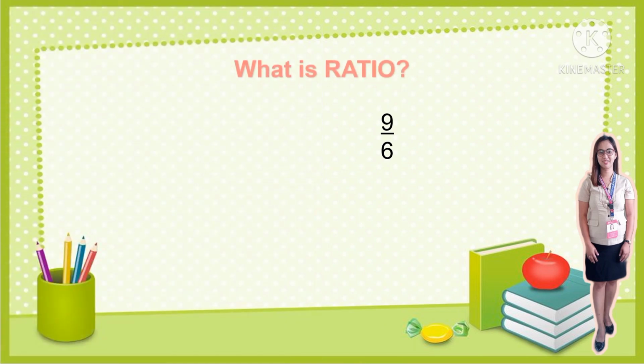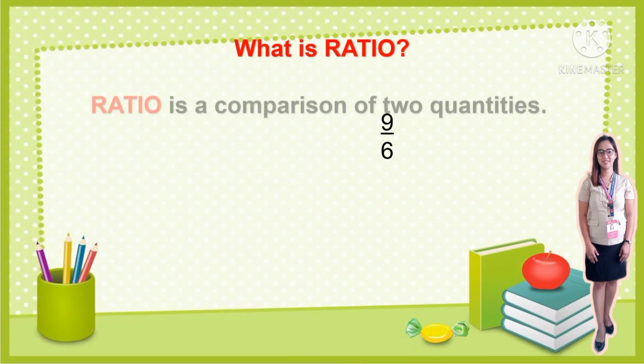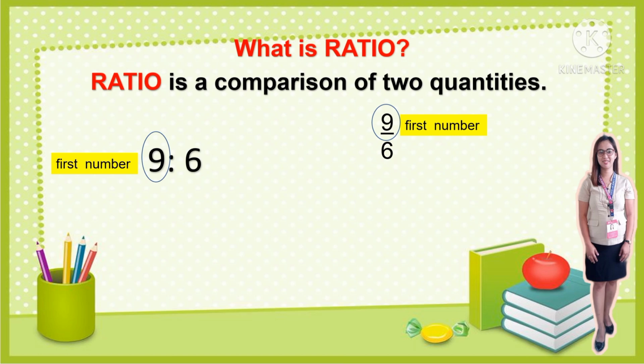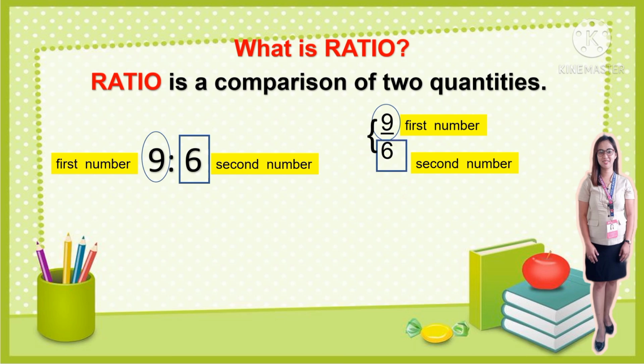Let's define again ratio. Ratio is a comparison of 2 quantities. For example, 9:6. It has 2 parts, the first number and the second number. In this example, 9 is the first number and 6 is the second number. 9 and 6, this is what we call the terms.